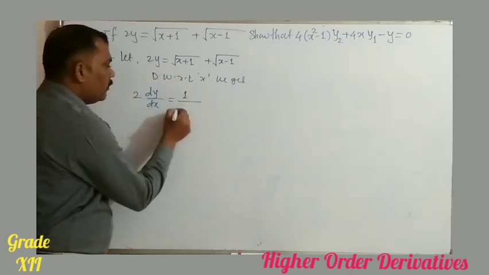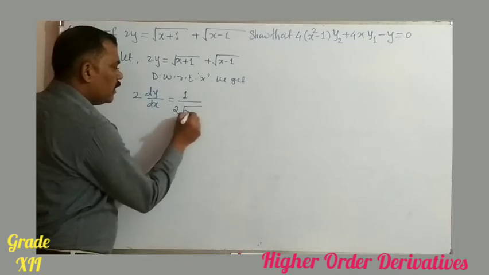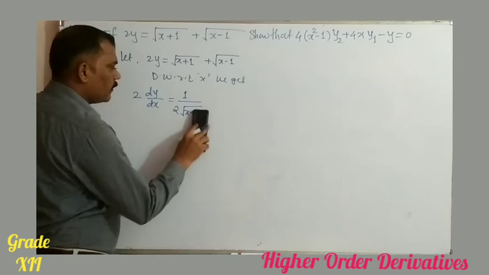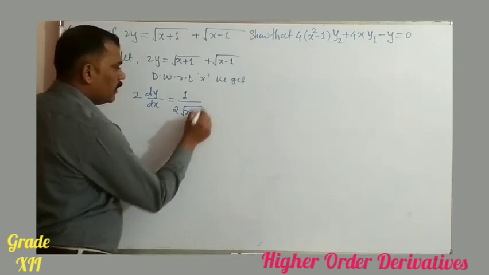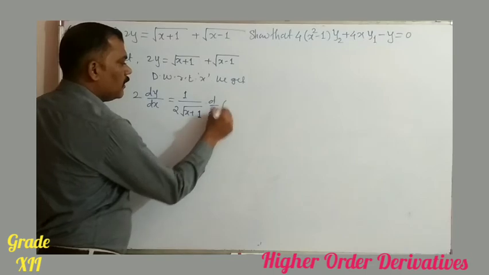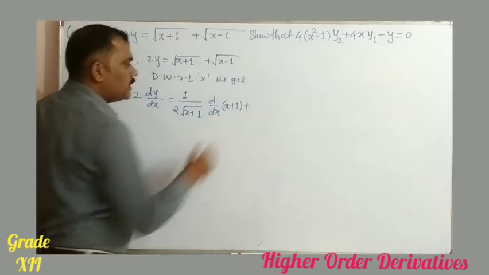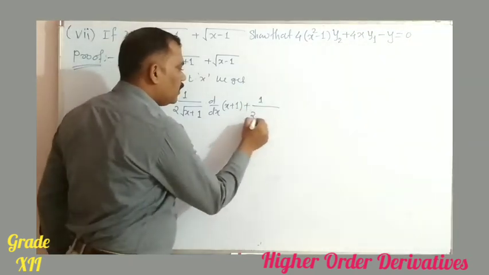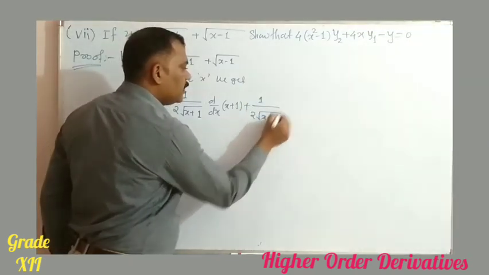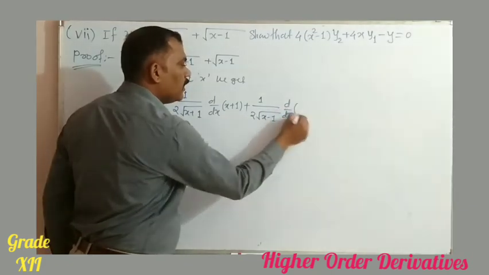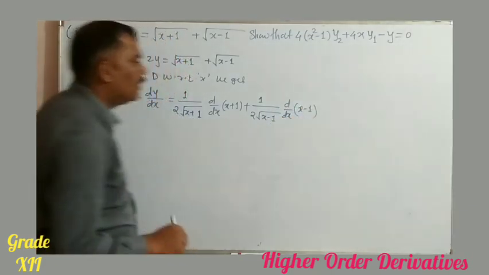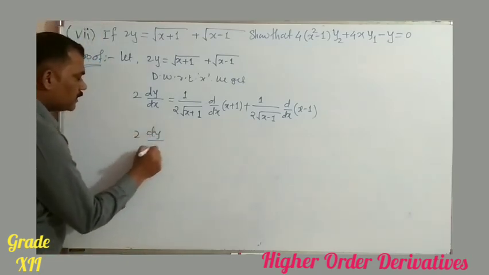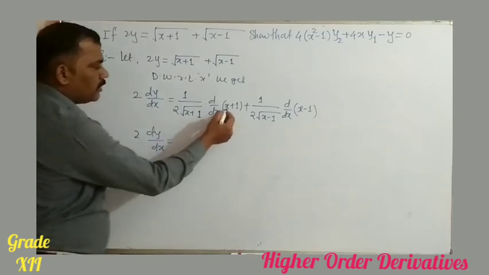Root is nothing but 1 upon 2 times under square root of x plus 1, into d by dx of x plus 1, plus, we have to keep the finger on this root. It is nothing but 1 upon 2 times under square root of x minus 1, into d by dx of x minus 1.